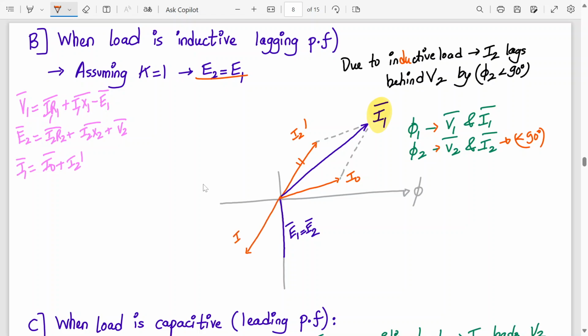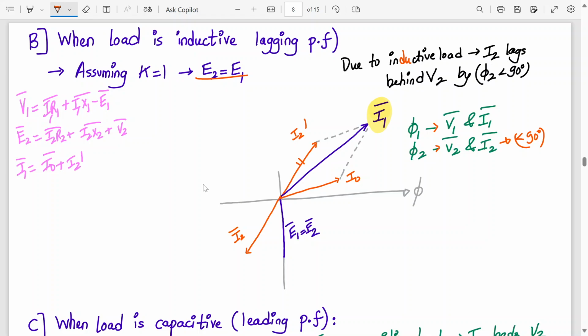This way. Where should V2 come now? Should V2 come to the right or to the left, or below or above I2? This is I2. Should it come below or above I2? Above I2. Why?